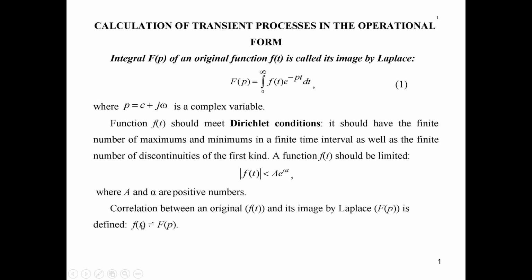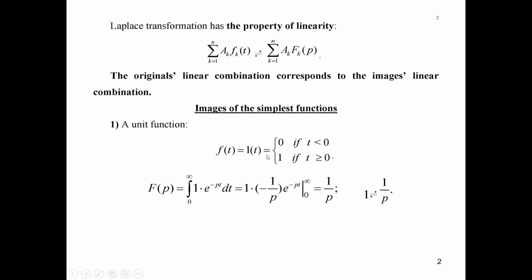So it should not be just an equality sign, but with these dots we understand how these two functions are connected with each other. And let's consider properties of Laplace transformation.